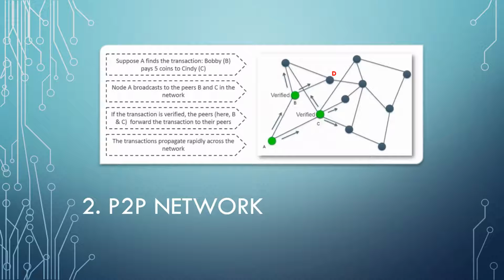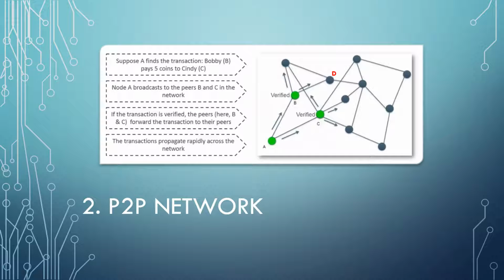Simple. Now let's say node D is in red color, as you can see. It will try to do something. That is why it is marked in red color. Now let's say node D tries to modify the transaction information. It modifies the information suggesting that instead of node B transferring the bitcoins to node C, it will have to transfer them to D, and propagates this information to adjacent nodes.